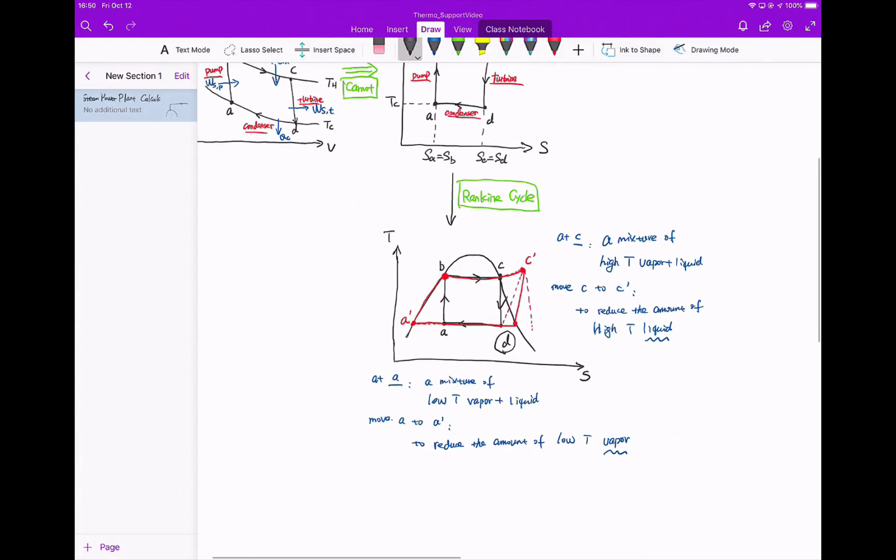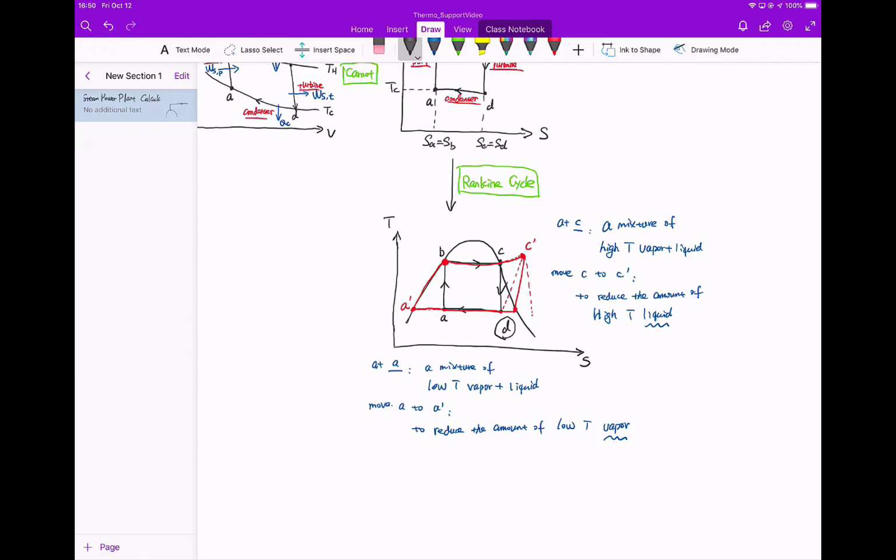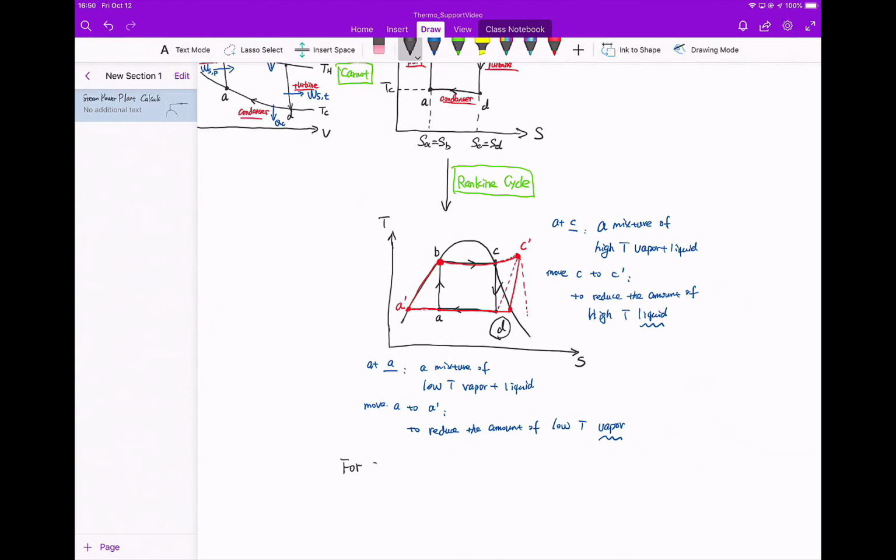Okay, so there is a question about the D. For state D, we could have a superheated steam, right?